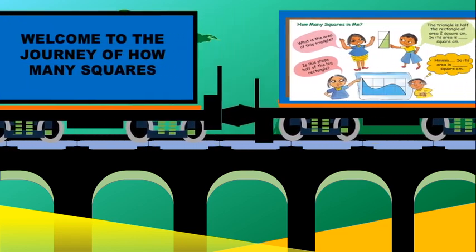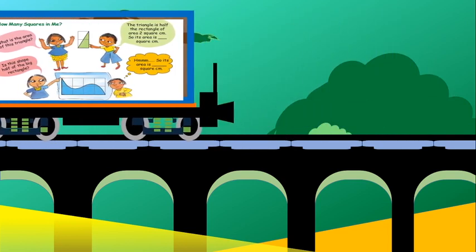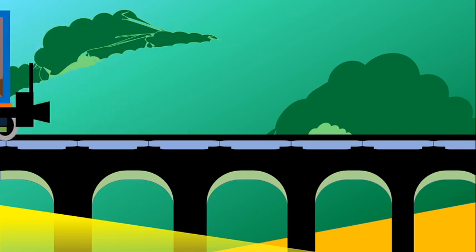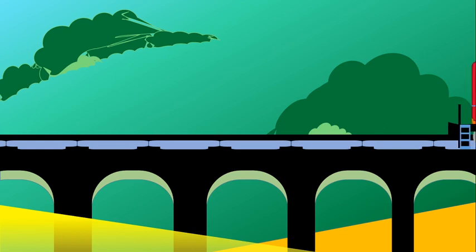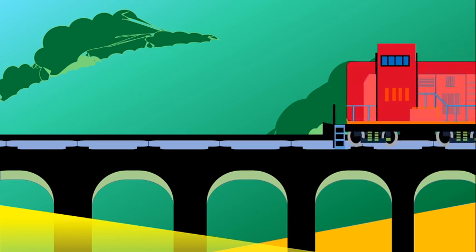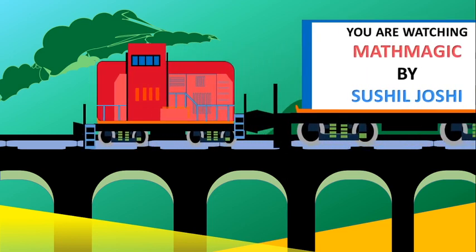So, here we go on the train journey with respect to the squares to find the area and perimeter of the different squares in our day-to-day life. This is one of the most important chapters because we're going to learn the basic formulas to find the squares and to find the area of squares and perimeter of squares.